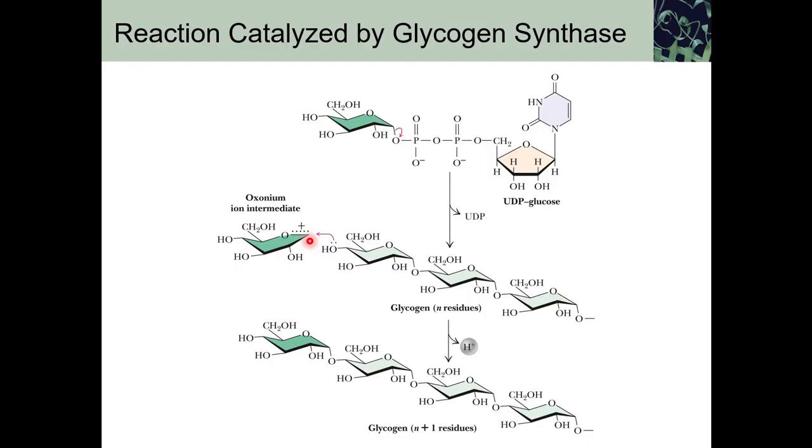So you can imagine the molecule of glycogen then grows and polymerizes very quickly because there are a number of points at which the molecule of glucose can be added, and therefore the molecule can be lengthened.